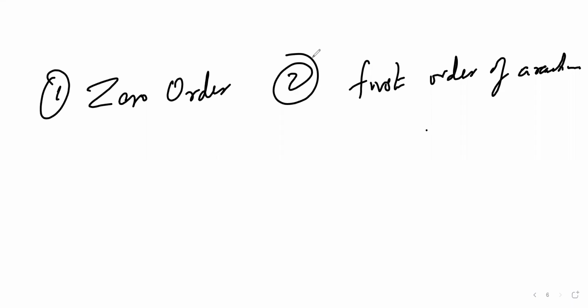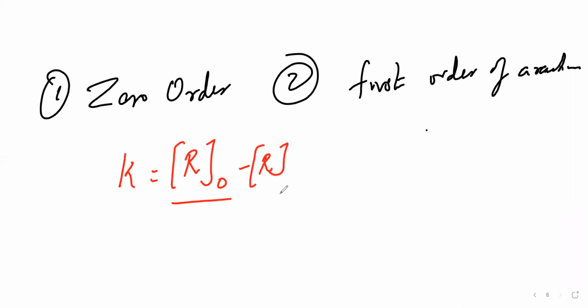So in zero order, what you have to know is the rate constant value, the K value. K is equal to R naught minus R by T. If you ask me what this R naught is, this zero can also be inside. You can put it inside or outside, it doesn't matter.